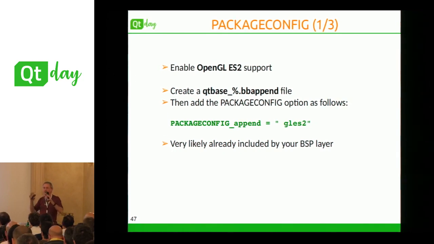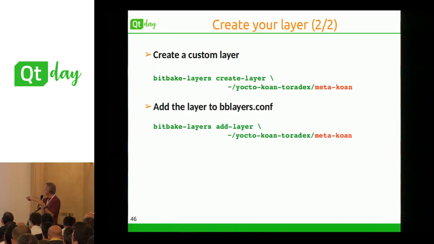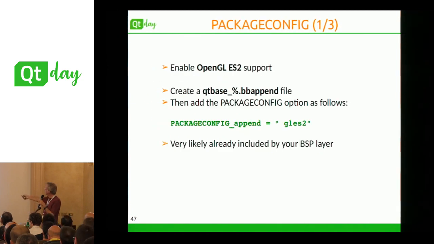Afterwards, you can customize the Qt behavior directly in your layer without touching anything existing in the original layer. This is the standard behavior and the best practice when you are developing with the Yocto project. So basically, inside your layer, I mean koan in our case, you add a qtbase bbappend file, and this means that I can replace the version with this wildcard for every version of Qt available in my system.